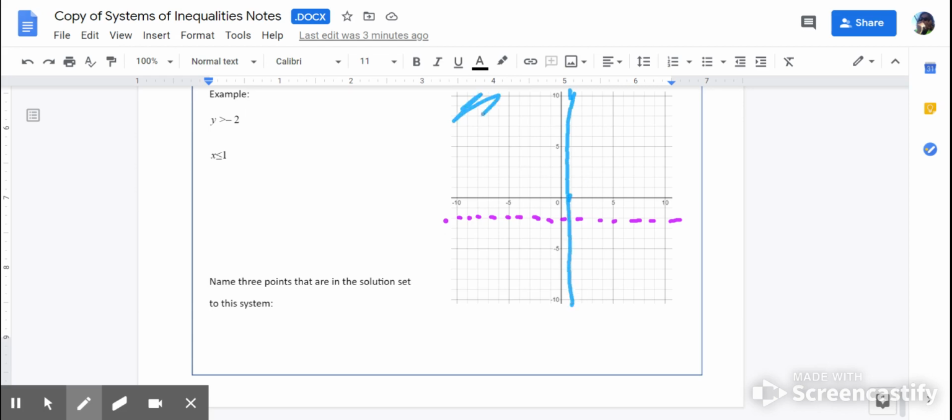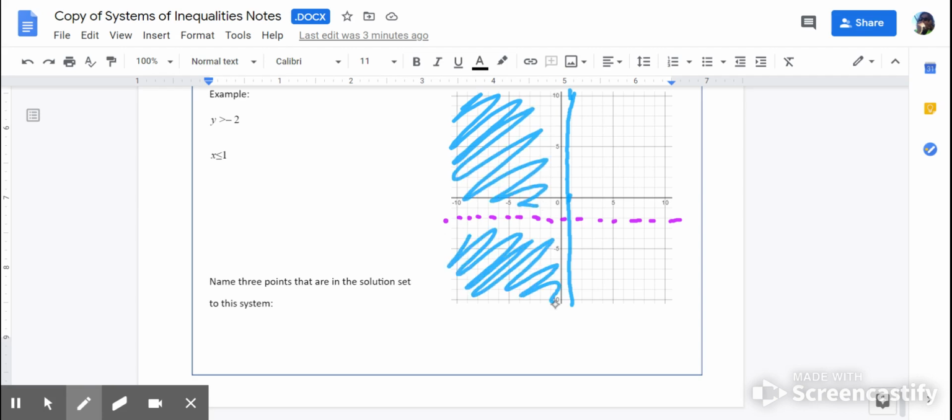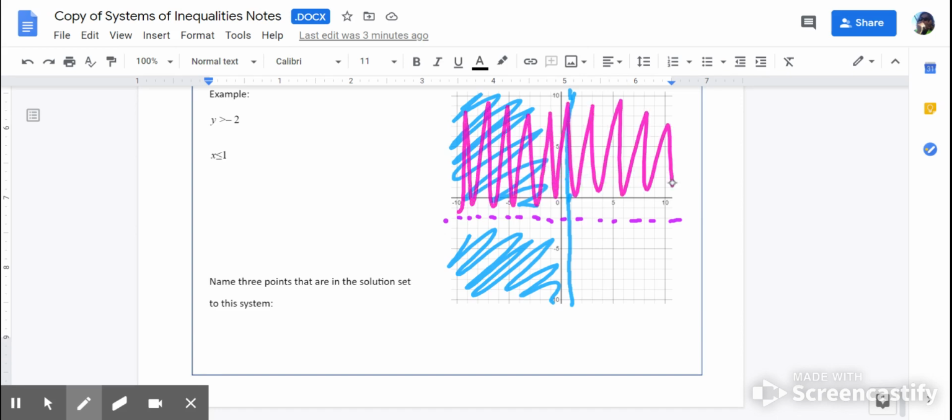Less than 1, so 0 would be an answer choice there. And then y is greater than negative 2, so that would be on top of our line here, which means my solution set would be everything in this yellow area.